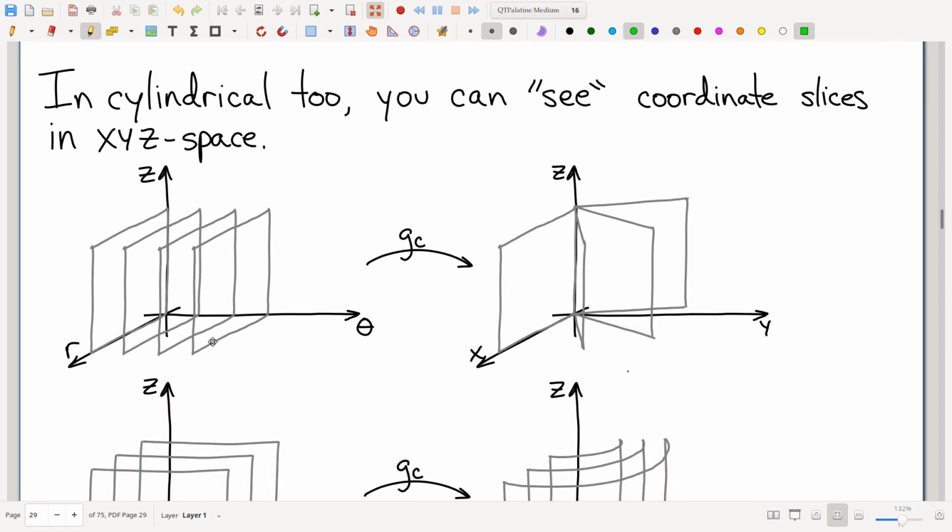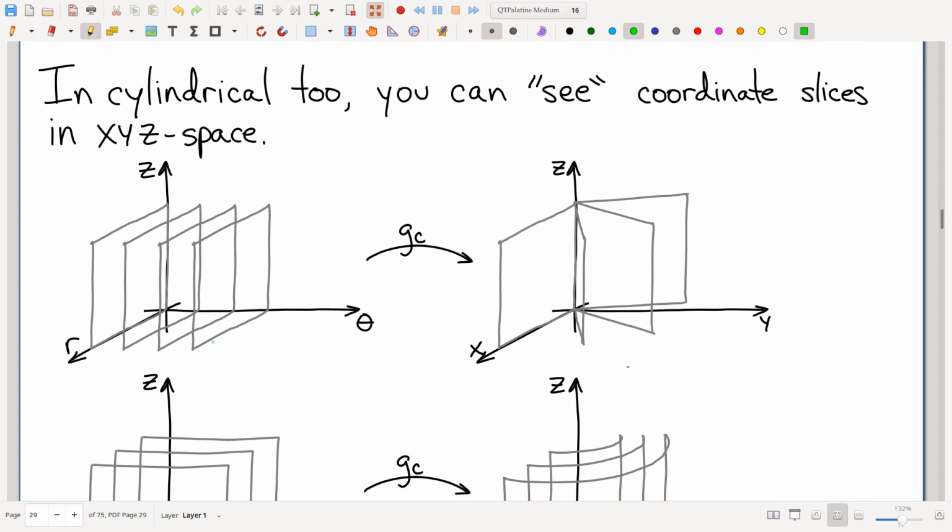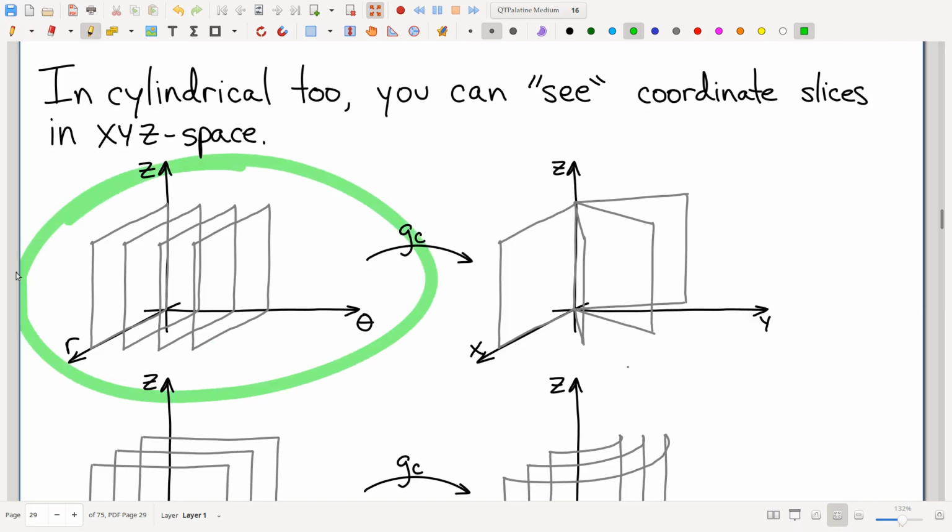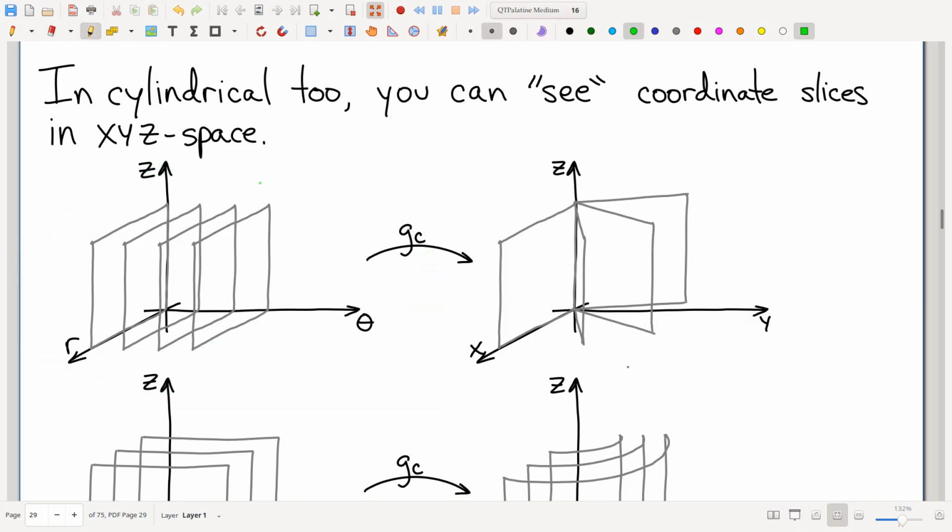All right. Let's do cylindrical coordinates. It's, oh my gosh, so the same. It's polar coordinates with a z, right? It's really the same. And so no surprise if we're in the pullback r theta z space and we want to talk about slices perpendicular to the theta axis. Well, here's a slice perpendicular to the theta axis, and it represents a constant value of theta.